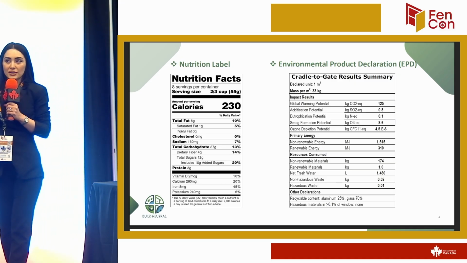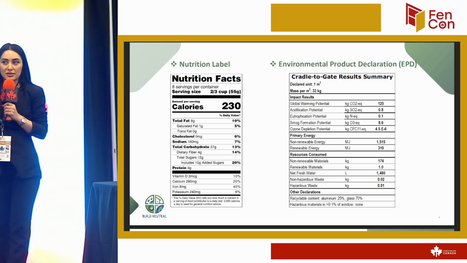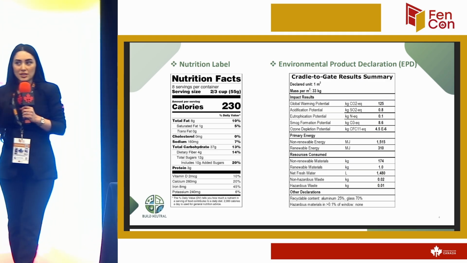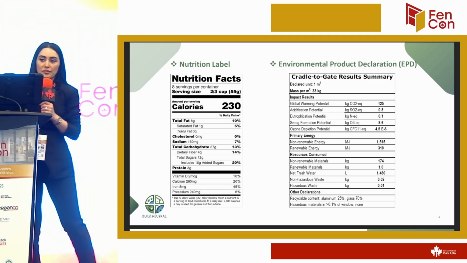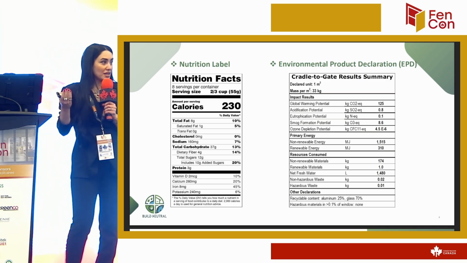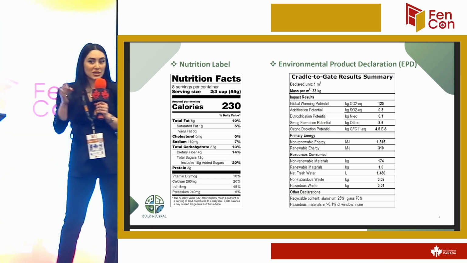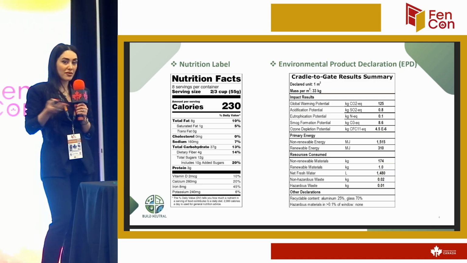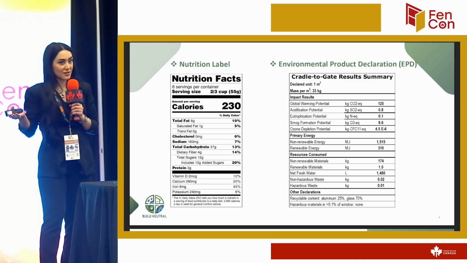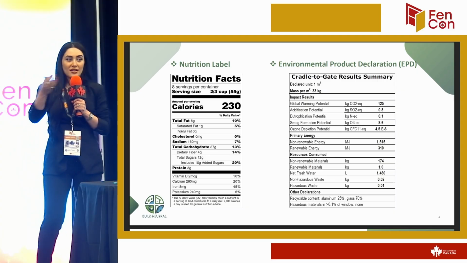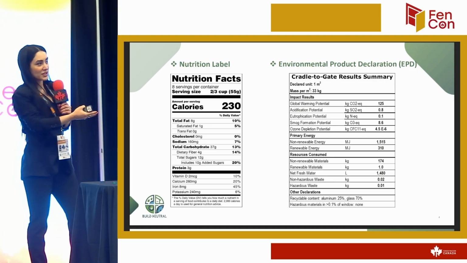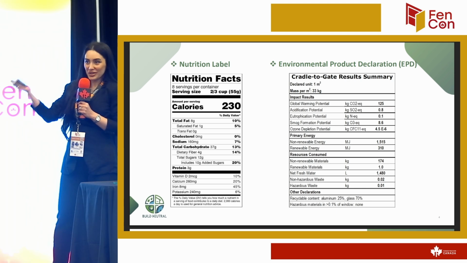Here we have calories in the nutrition facts. On the EPDs, we have, for example, global warming potential. But what is important is that sometimes you want to know the amount of calories per cup of yogurt, but some yogurt says this is the amount of calories for the whole package, and the other yogurt says two-thirds of the cup, and the other has one-third of a cup.